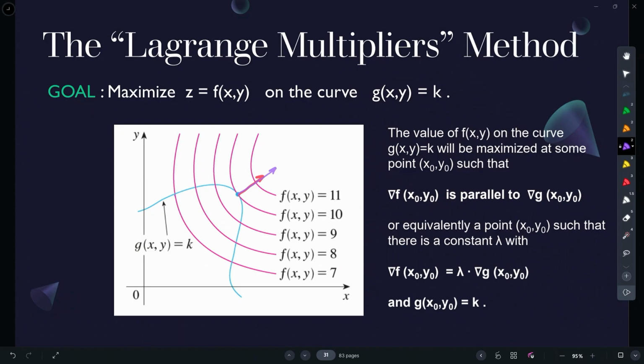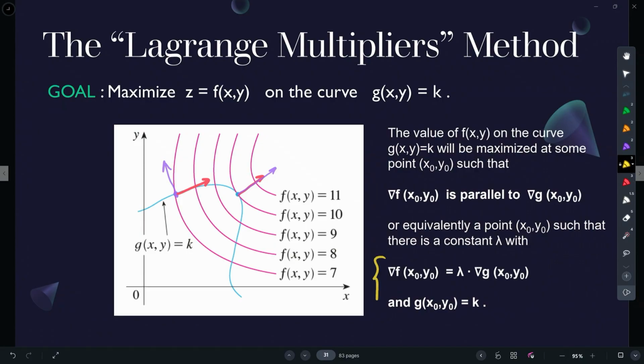At this point, for example, the gradient vector for g goes in that direction, but the growth of f tells me to keep going in that direction because you are not at the max. But when they are both parallel and pointing in the same direction, at those points there will be either a maximum or a minimum value. And that is exactly the method of Lagrange multipliers.